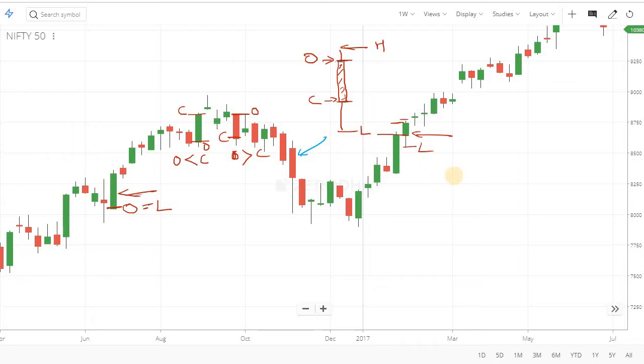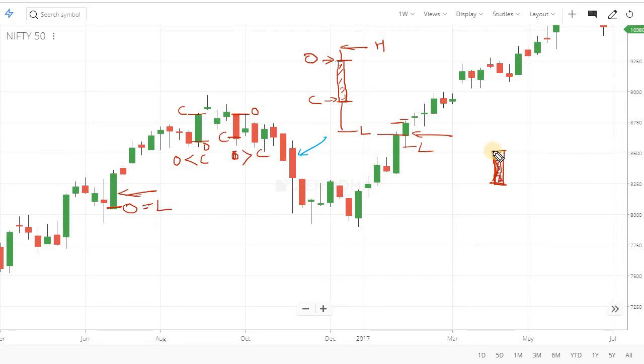For now, just try to develop this understanding that when open and low are nearby, it means price started from the lowest point and then went up. And suppose there is some candle where you are not able to see any wicks on the upper and lower sides, and suppose this candle color is red, then what does it mean?